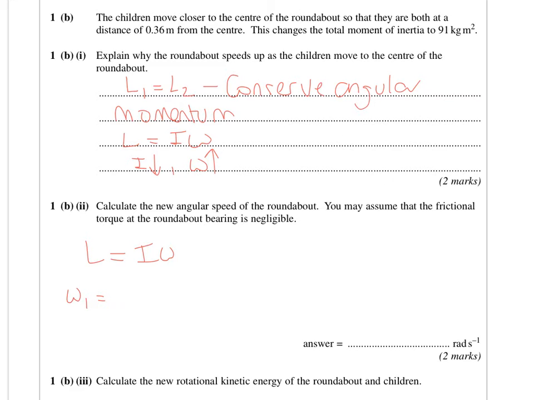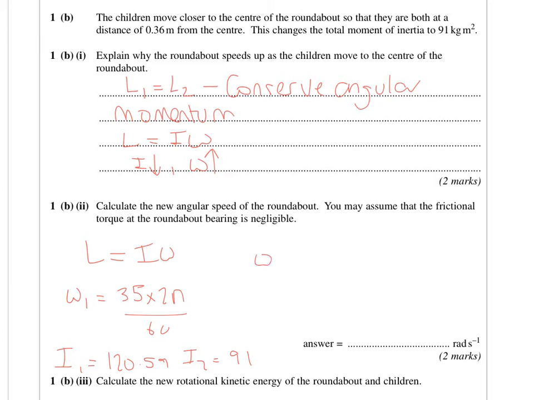I'm just going to get that back up so I can have a look at the actual question itself. So we had an angular speed of 35 RPM. Let's go through the same process as before. We know that I1 was 120.59, and we know that I2 is 91.